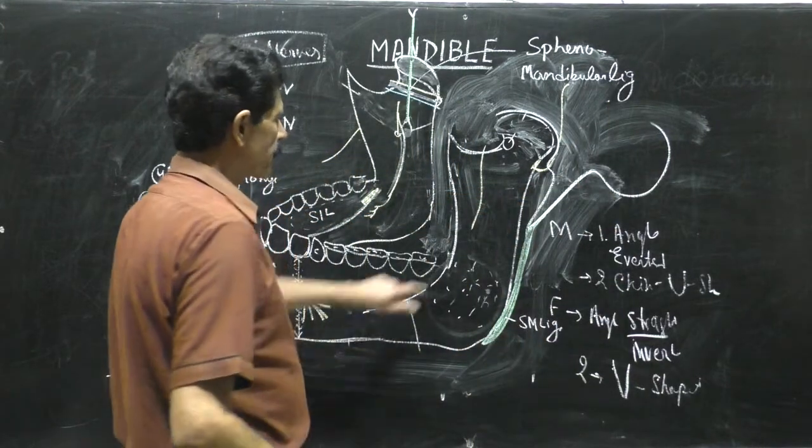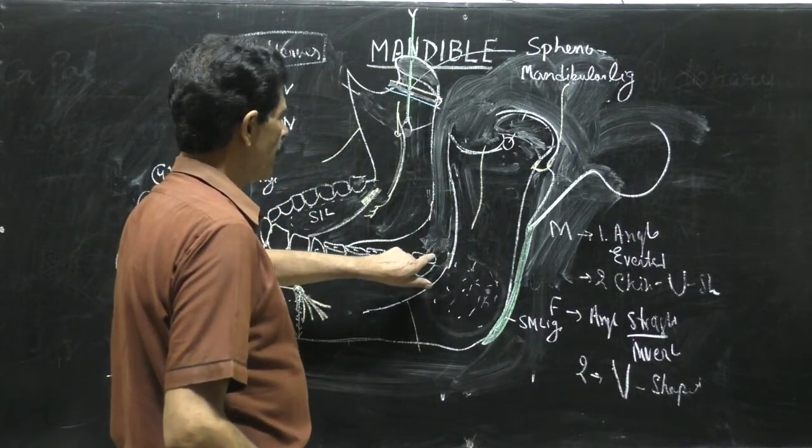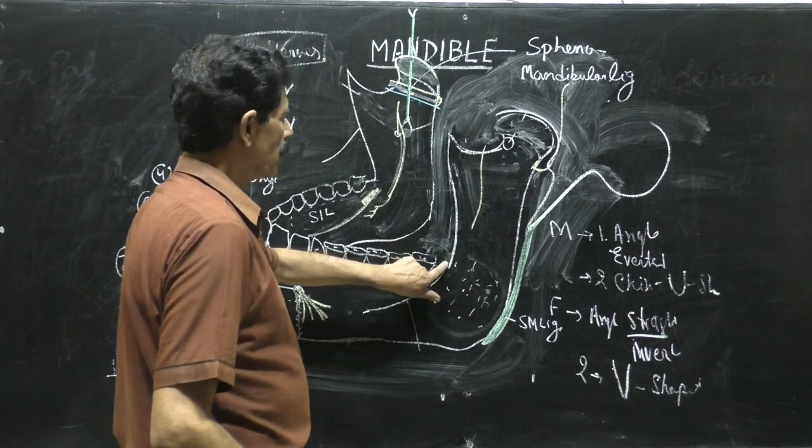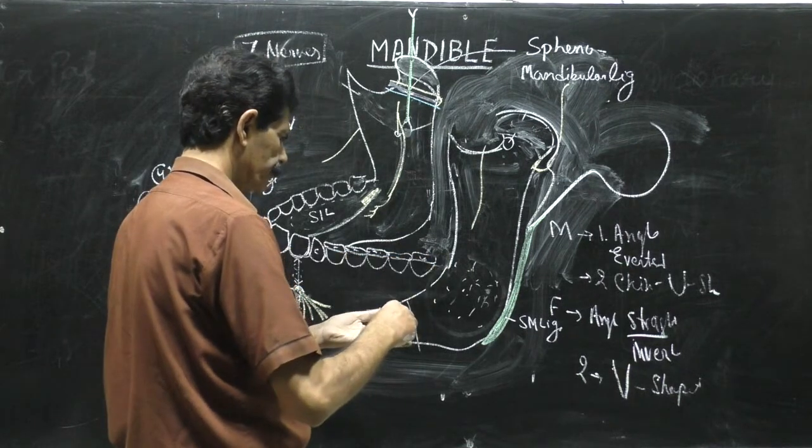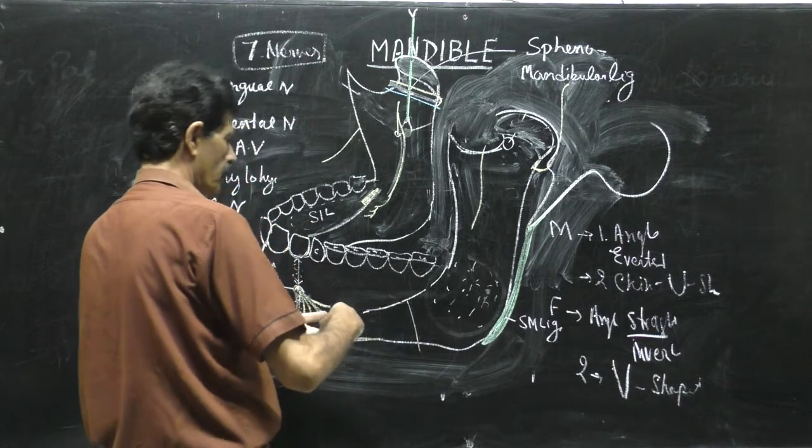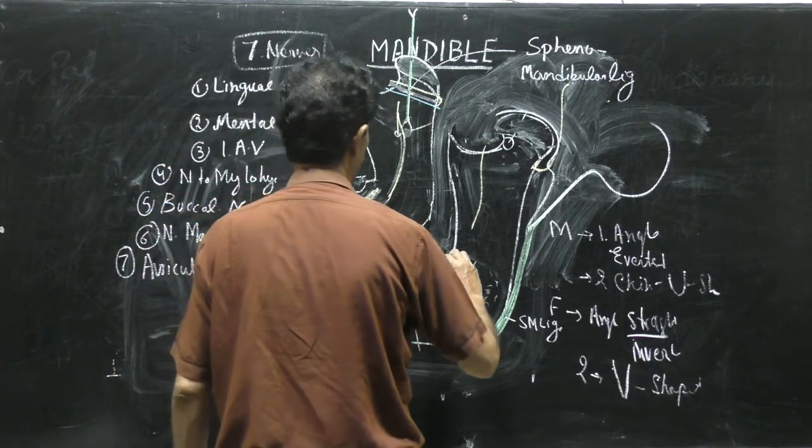Then a very important structure attached to the mandible is called the pterygomandibular raphe.